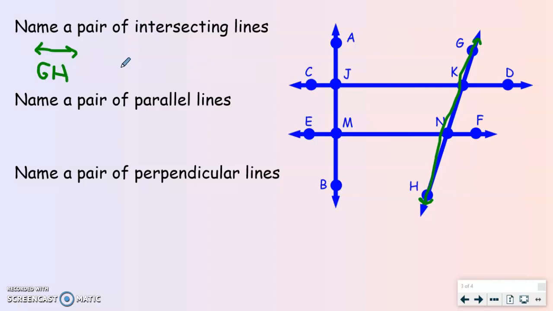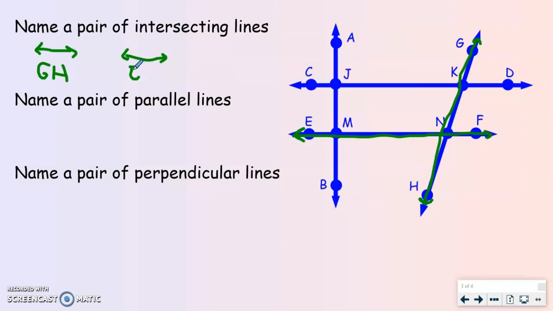And I'm going to say that it is intersecting line, there's a couple choices. I'll choose this one down here. Okay. So that one is intersecting line E, F. E is at this end and F is at the other end.